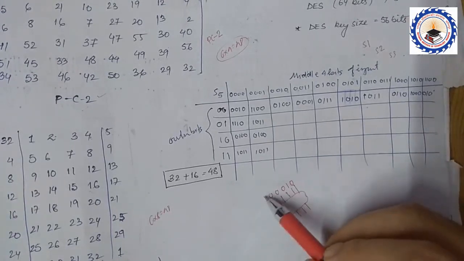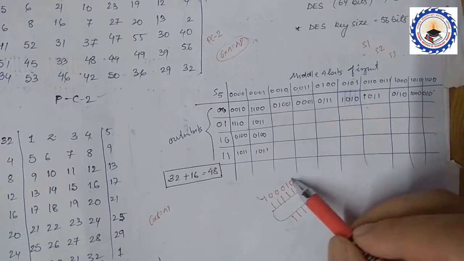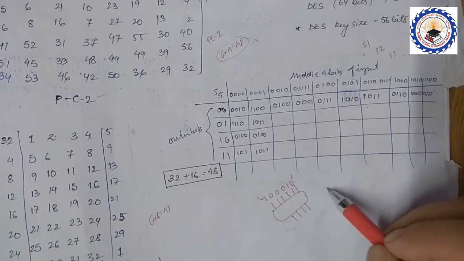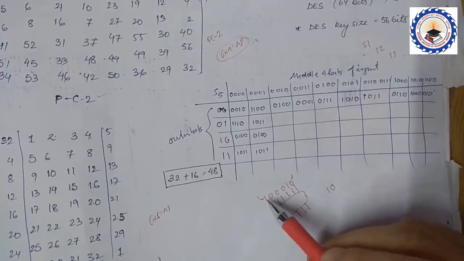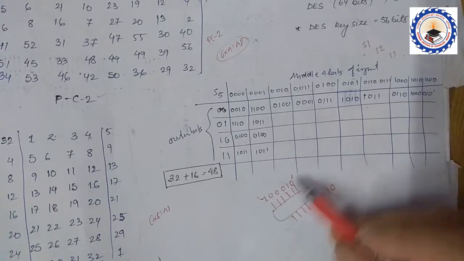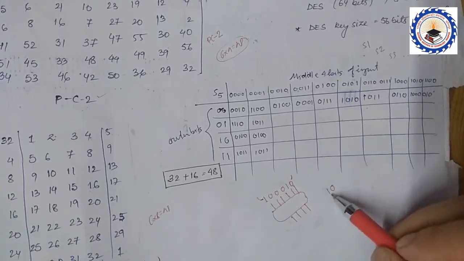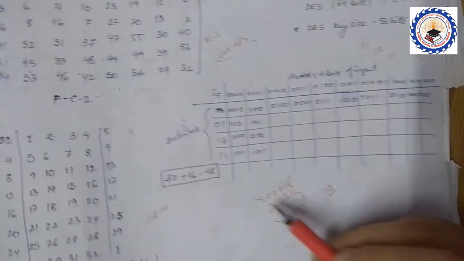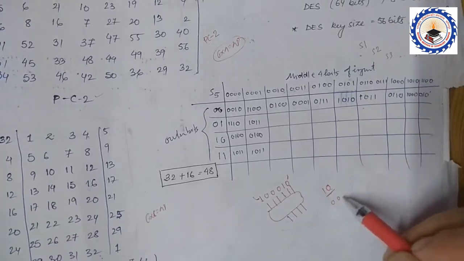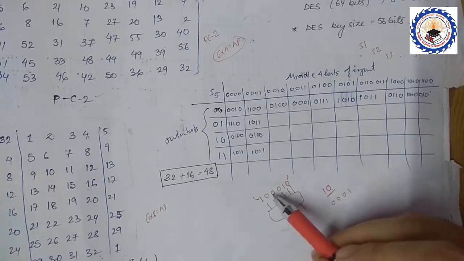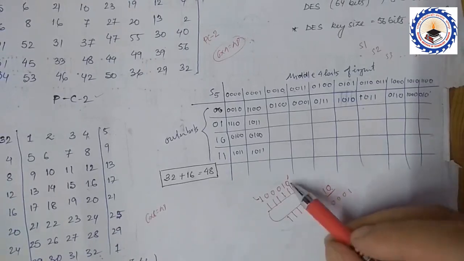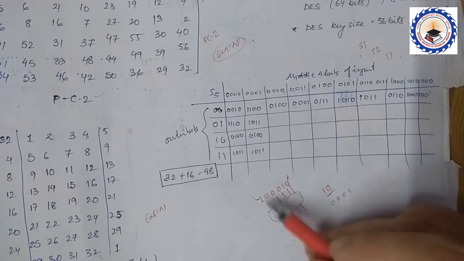You consider the outermost bits, these 2 outermost bits, keeping the priority from left to right. So 1 and 0, and then the remaining bits are 0 0 0 1. The outermost bits are 1 and 0 for this example.